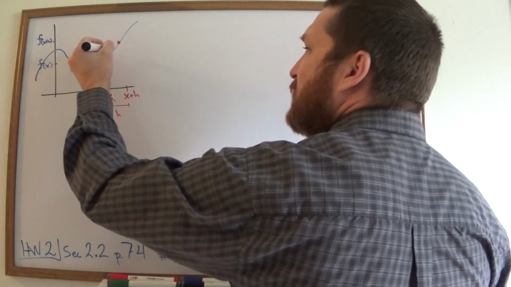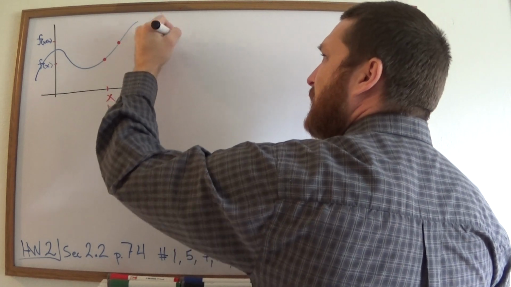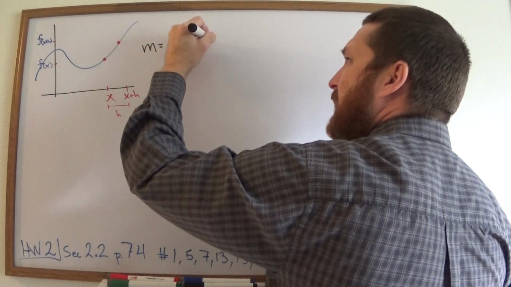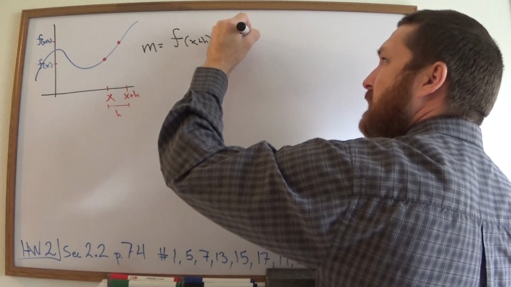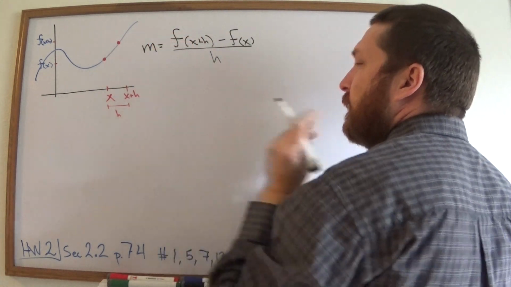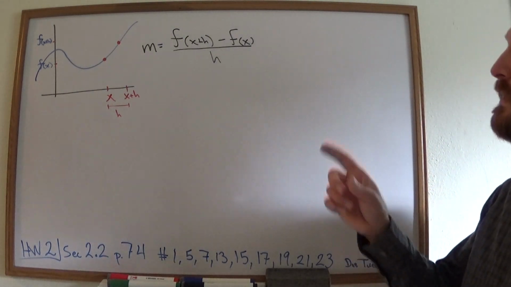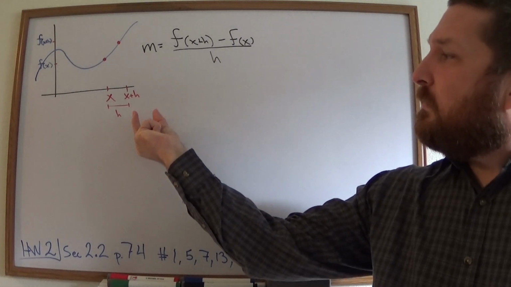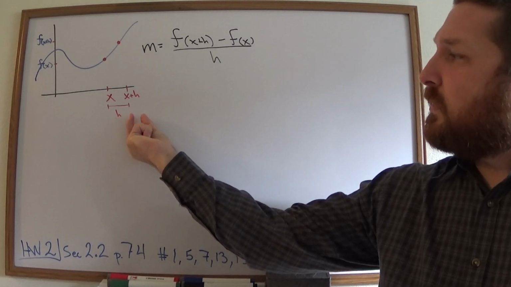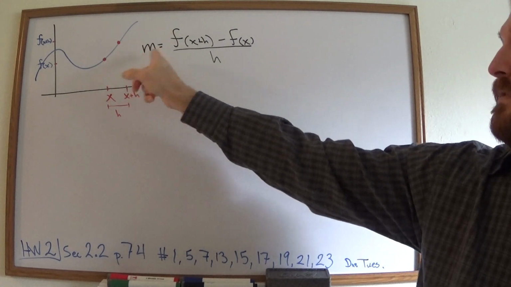And so the slope from there to there, call it m, can be given by f of x plus h minus f of x all over h. Everybody get that? And then the idea was, as h gets smaller and smaller and smaller, the better and better that approximation becomes, right?